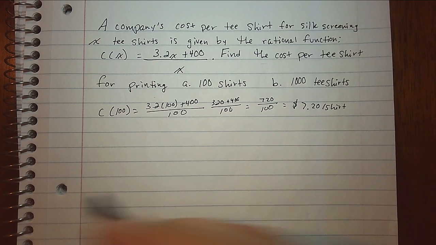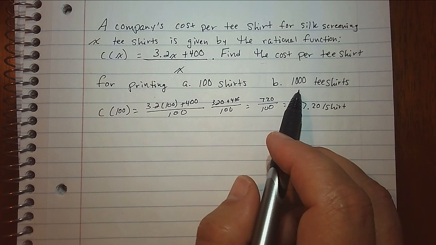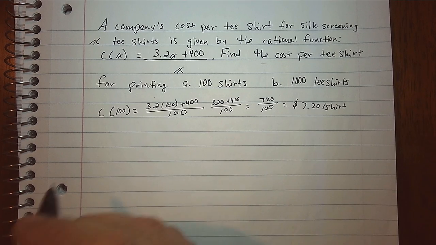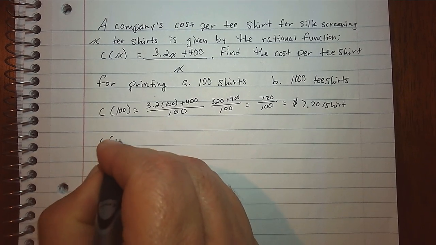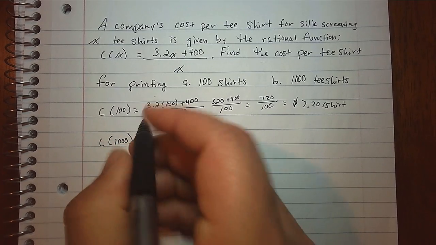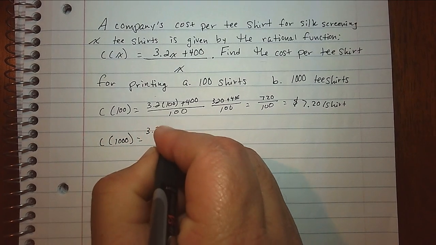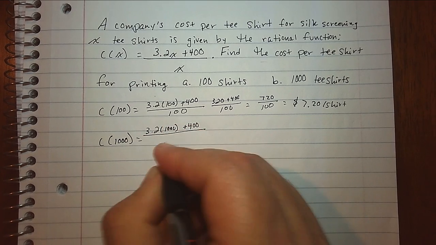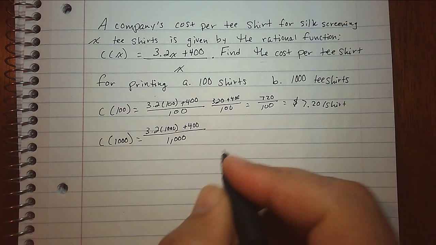Let's look at what happens when companies like Custom Ink make a large number of shirts, like 1,000. Same formula. Plug in 1,000 everywhere we see x.